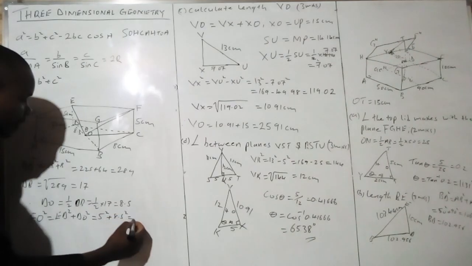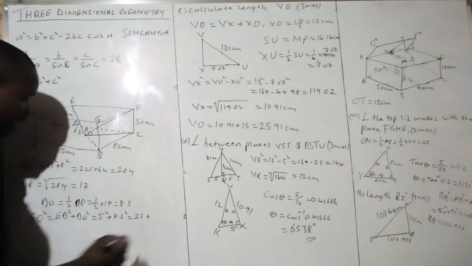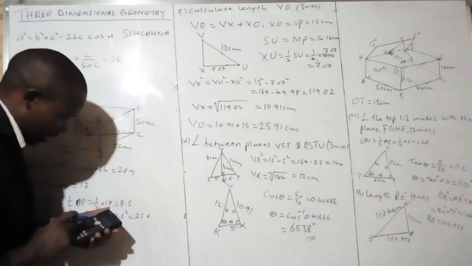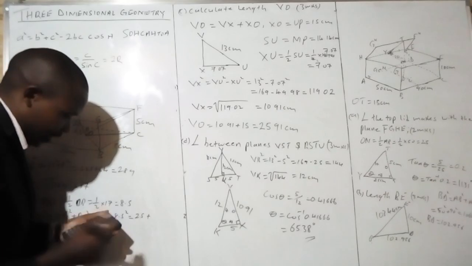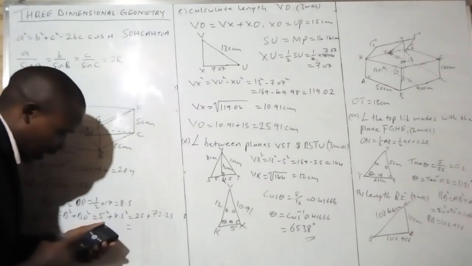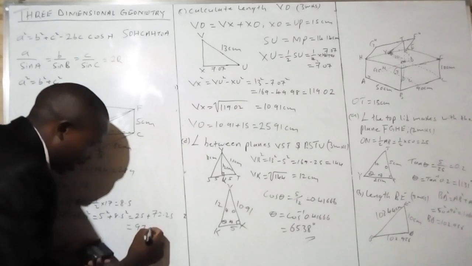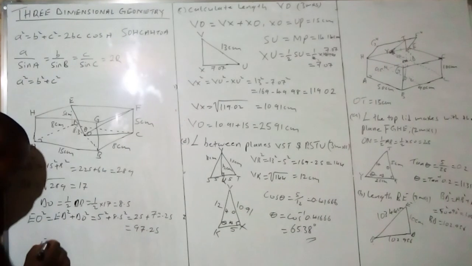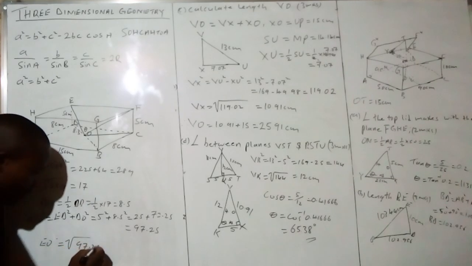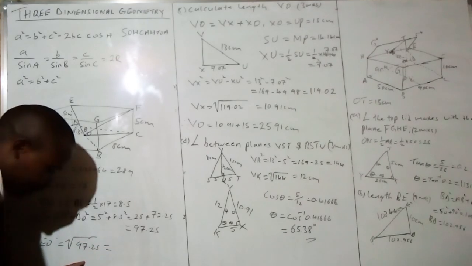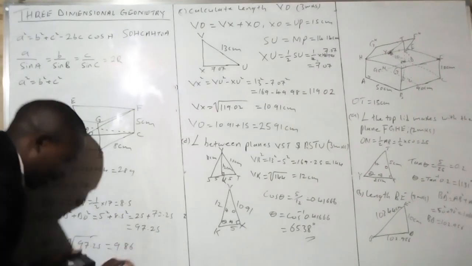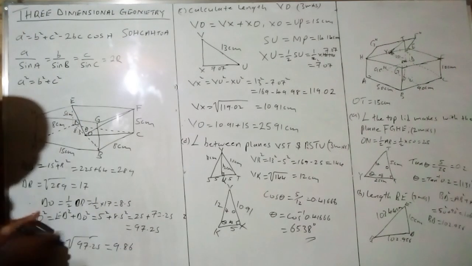This is 25 plus 8.5 squared, which is 72.25. 72.25 plus 25, we get 97.25, and EO is equal to the square root of 97.25, which is 9.86 centimeters. Now we know EO.